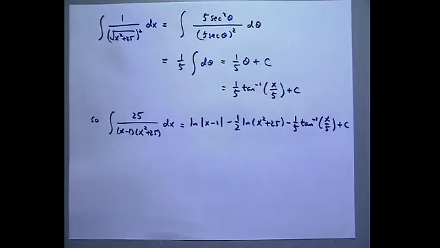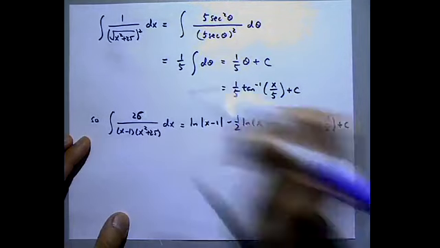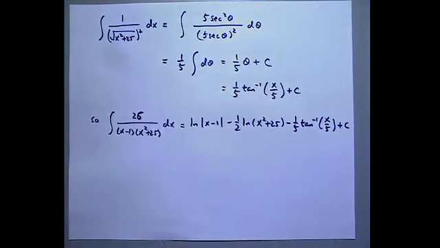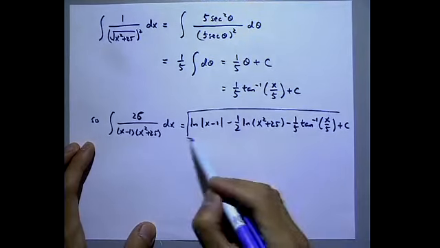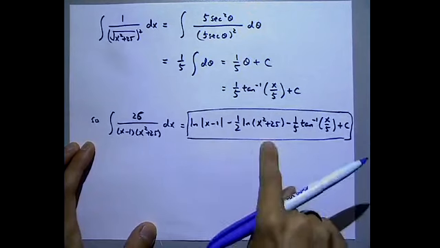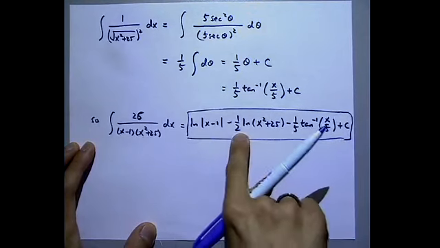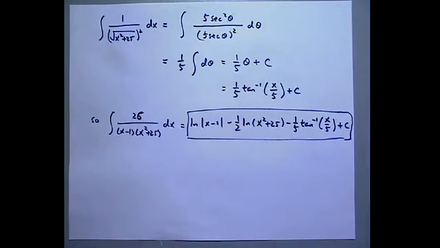Yes, thank you. All right, so there it is. You could optionally combine the first two natural logs after you take the 1/2 back here, but you can leave it like this. This is perfectly fine as an answer.